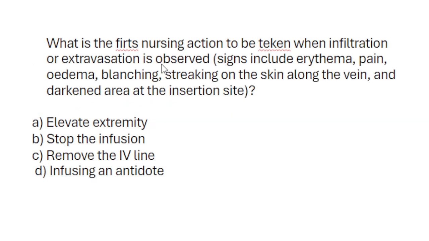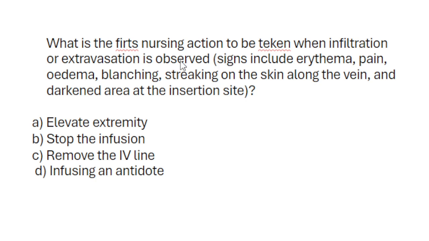What is the first nursing action to be taken when infiltration or extravasation is observed? Signs include erythema, pain, edema, blanching, and streaking on the skin along the vein, and a darkened area at the insertion site. Here the question is, infiltration or extravasation is observed, as a nurse, what will you do?